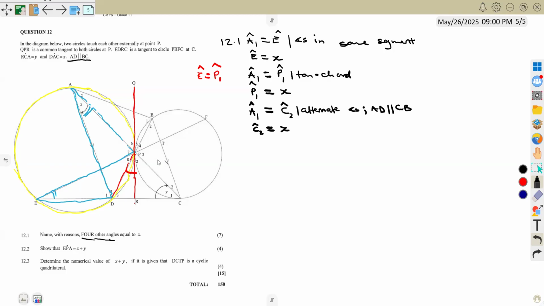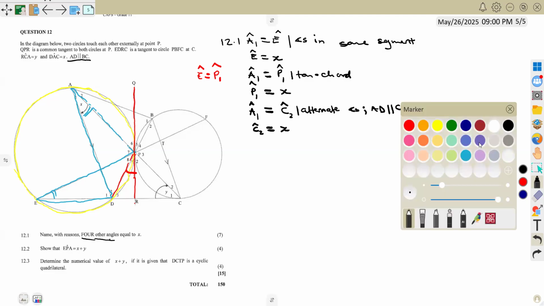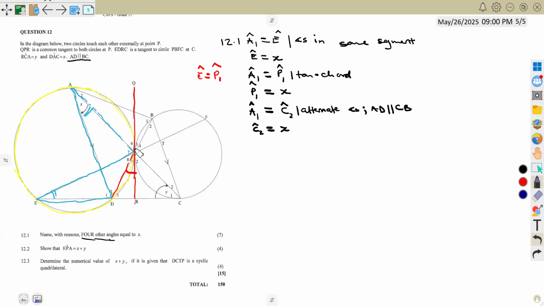Concentrating on the smaller circle, there you are told it's a tangent there. So this is a tangent, and this is a chord in the smaller circle.